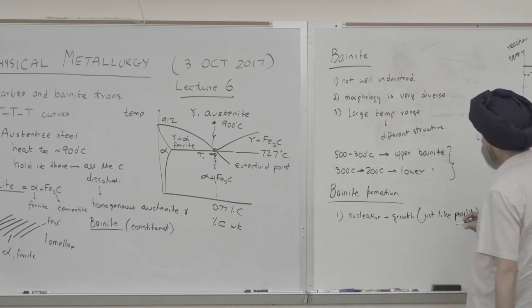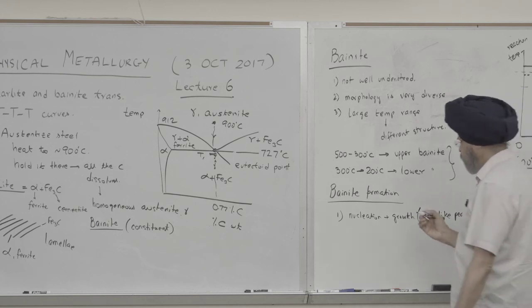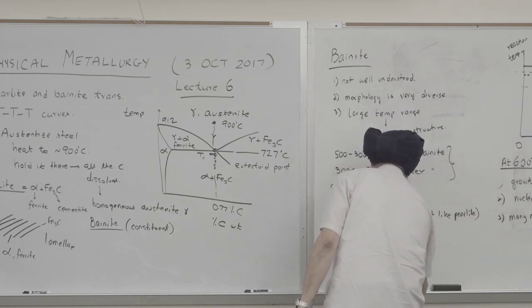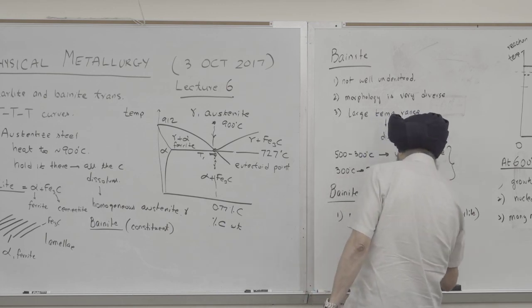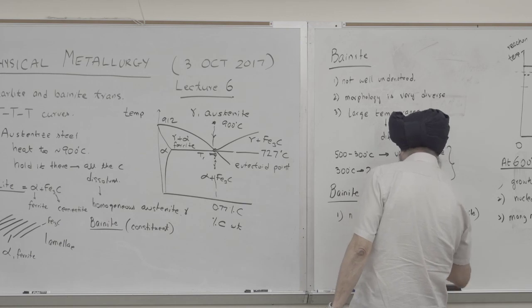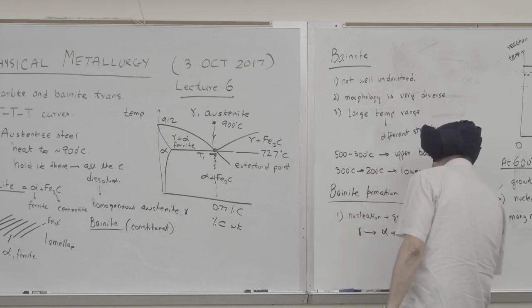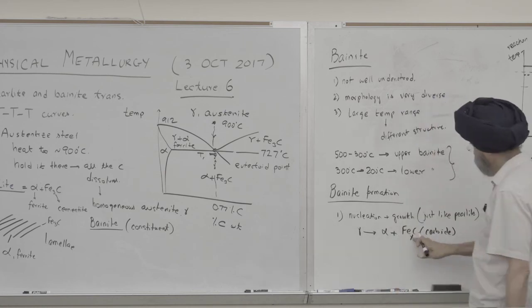So the Bainite is forming from austenite, right? So you have austenite, and what is Bainite? Bainite is also ferrite plus an Fe-C compound. We'll call it carbide. Instead of Fe3C, it's something else. It's got a little different structure.